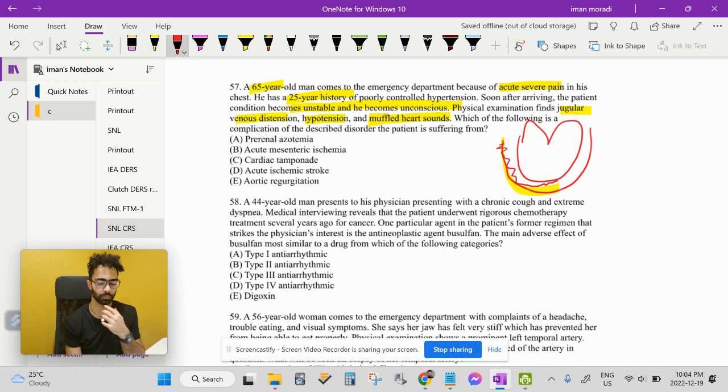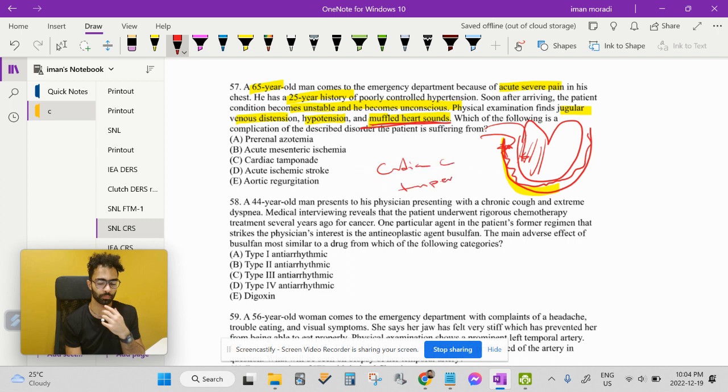If the pericardium is tight and can't expand, then blood can't get into the right ventricle, right? And that's exactly what's happening here. The thing that gives it away is muffled heart sounds. Why would your heart sounds be muffled? Well, the answer in this case is that you're bleeding for whatever reason into the pericardium, right? So this is called cardiac tamponade.